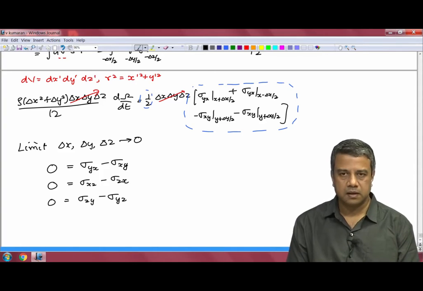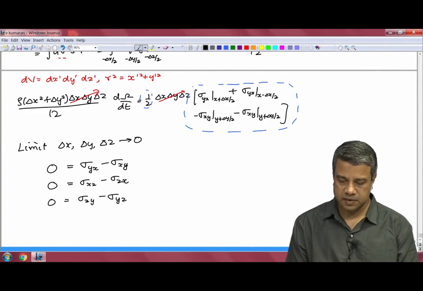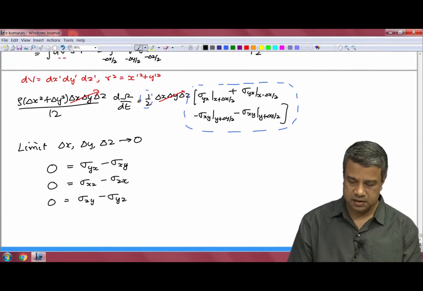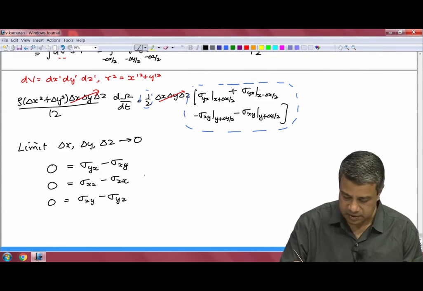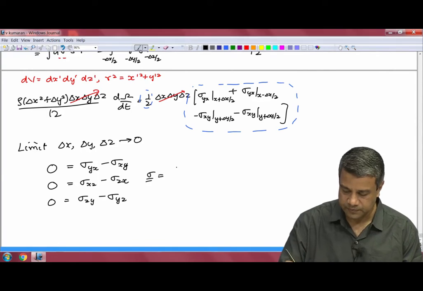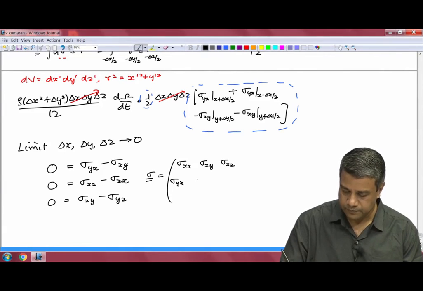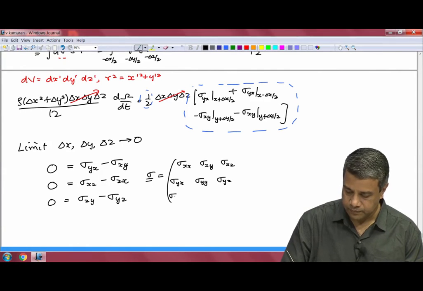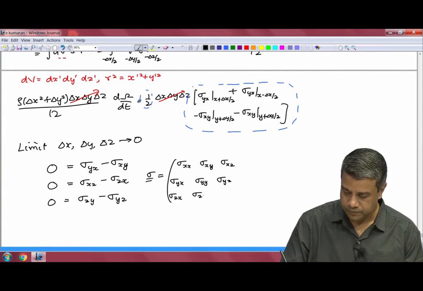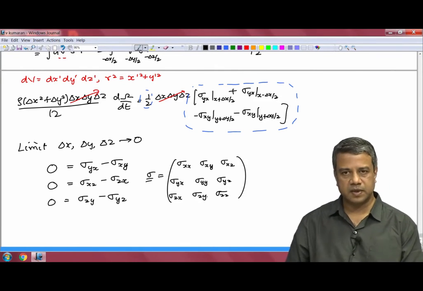What that implies is that sigma xy is equal to sigma yx, sigma xz is equal to sigma zx, and sigma zy is equal to sigma yz, which implies that the stress tensor is a symmetric tensor.